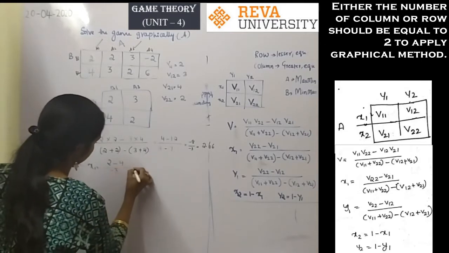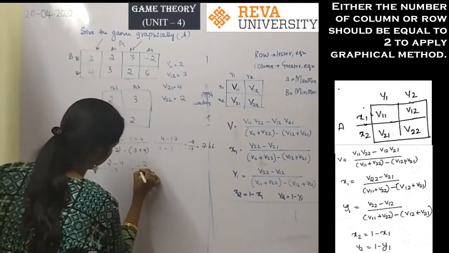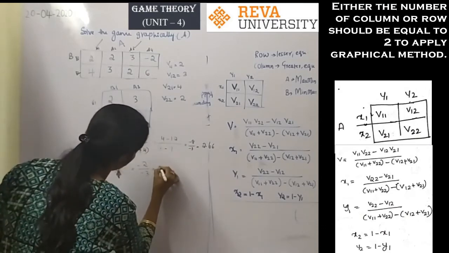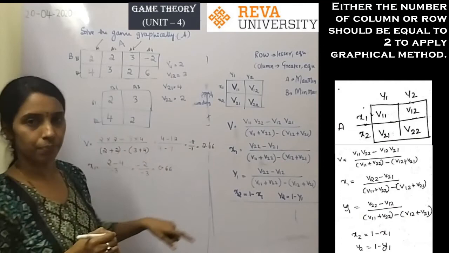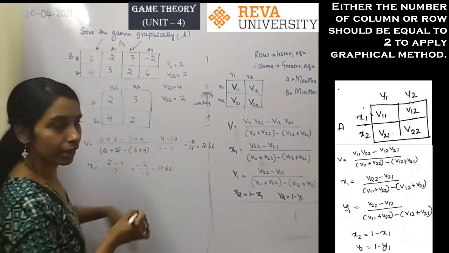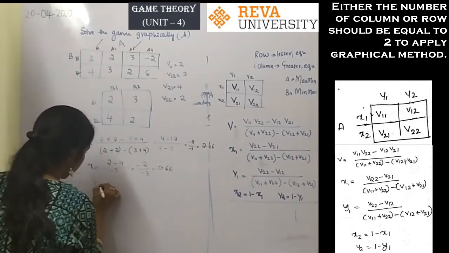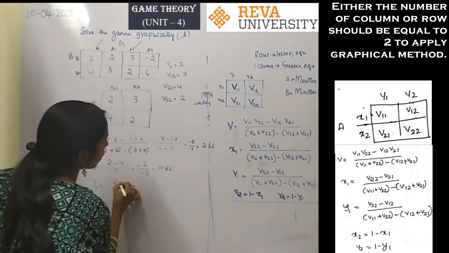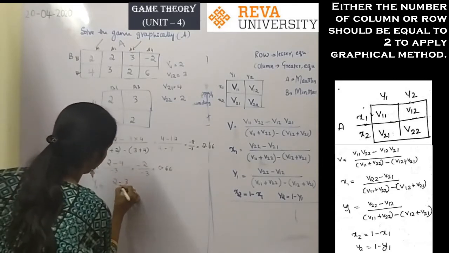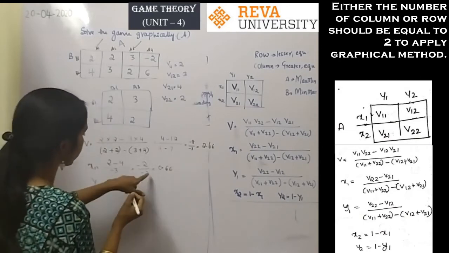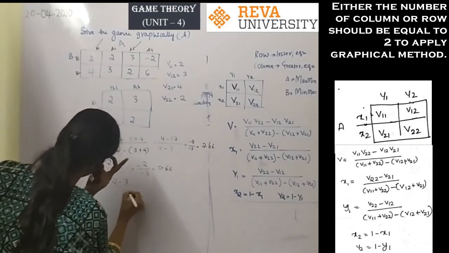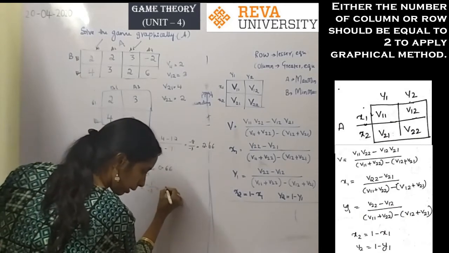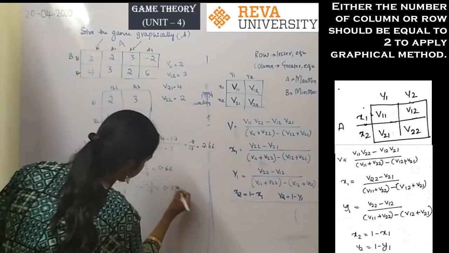So 2 minus 4 is minus 2, divided by minus 3. So 2 by 3 will be equal to 0.66. Then what is y1? y1 equals (V22 minus V12) divided by the value minus 3. So here it will be minus 1 divided by minus 3, so 1 by 3 will be 0.33.